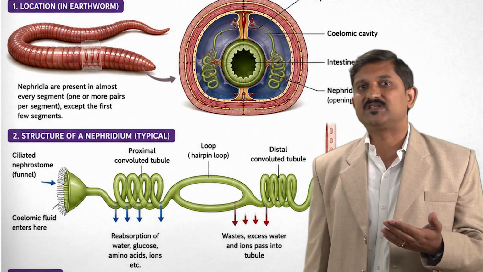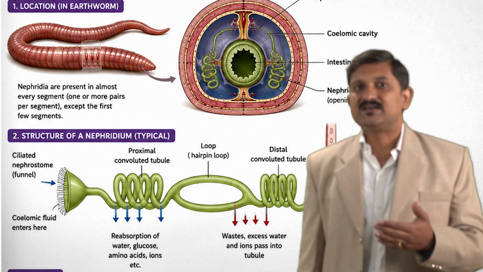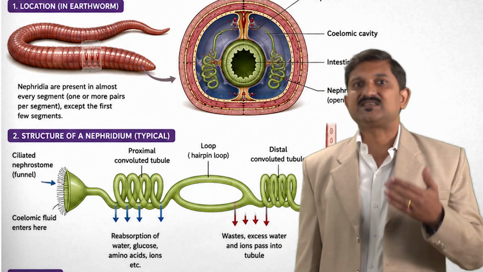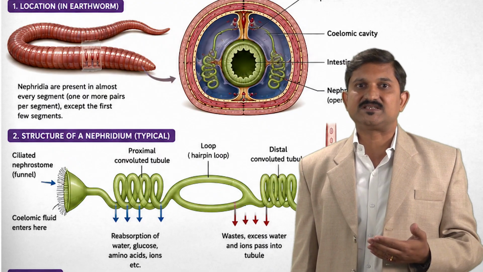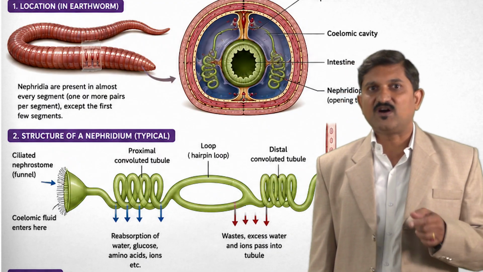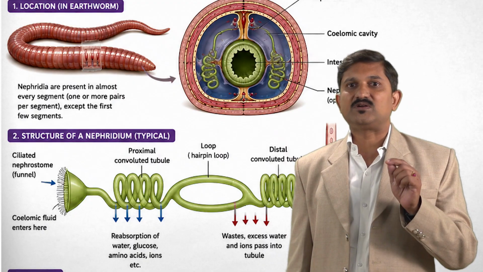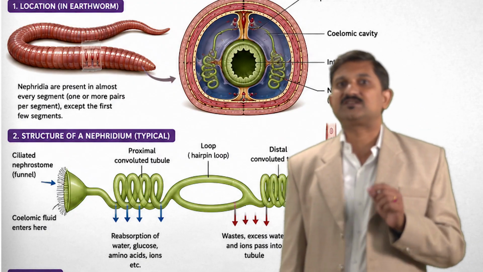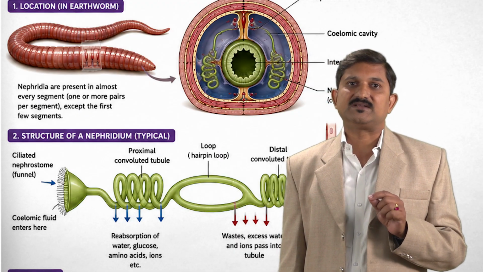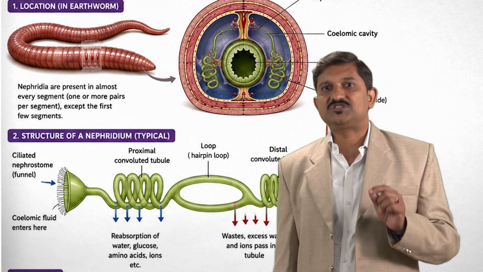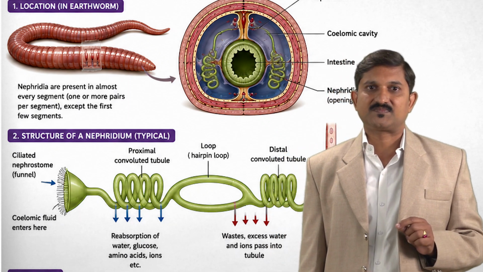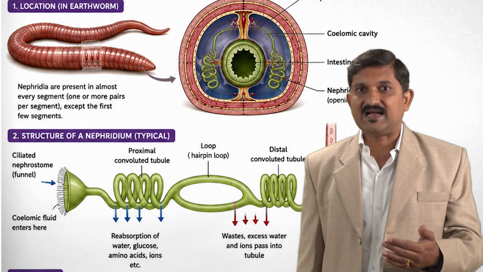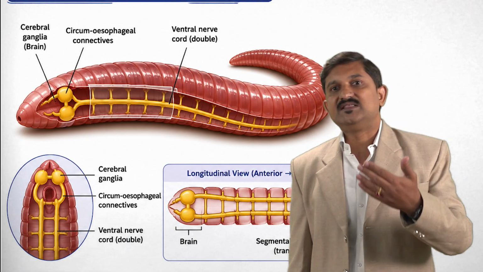And in the beginning of this video, I said that phylum Annelida has seen some evolutionary advantages and developments. One of them being the development of nephridia, which helps in osmoregulation as well as excretion, and ammonia being the chief excretory waste.